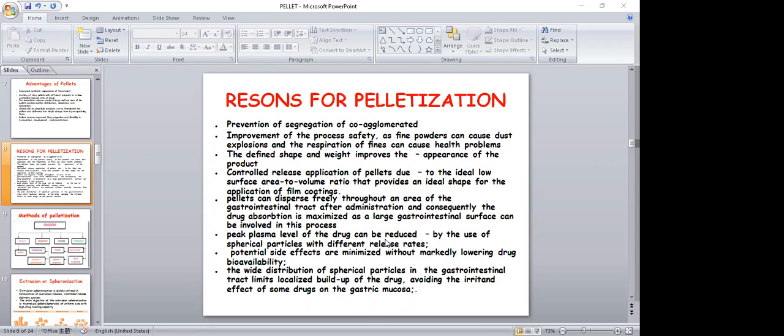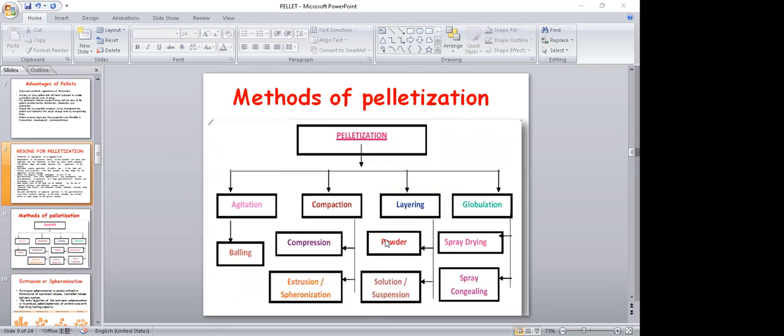Now for pelletization, there are various methods or approaches used for pellet formation. As you can see, these are various techniques used for pellet formation.